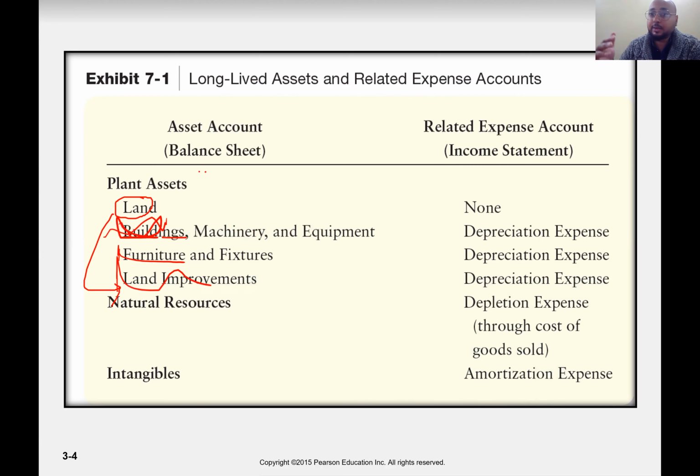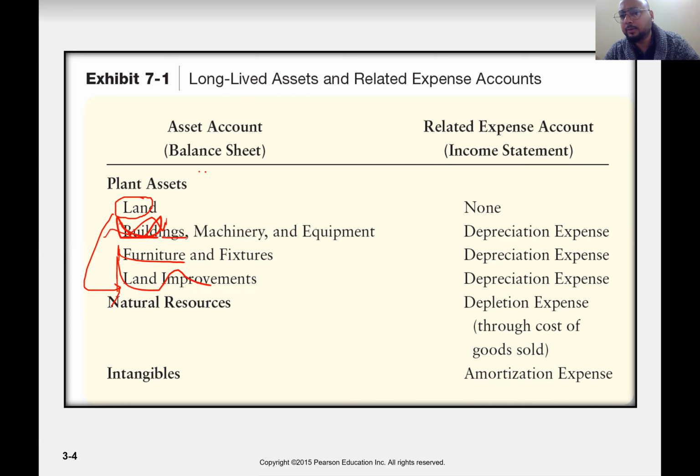Land value appreciates, but building value depreciates. The building is built on the land, so we have a separate item as a building and a separate item as land. Because when we use the building, it depreciates, wear and tear happens, with maintenance costs and all that. So its value goes down, but land value doesn't go down, it goes up. Or if the value of the land goes down, we don't call it depreciation, we call this impairment.